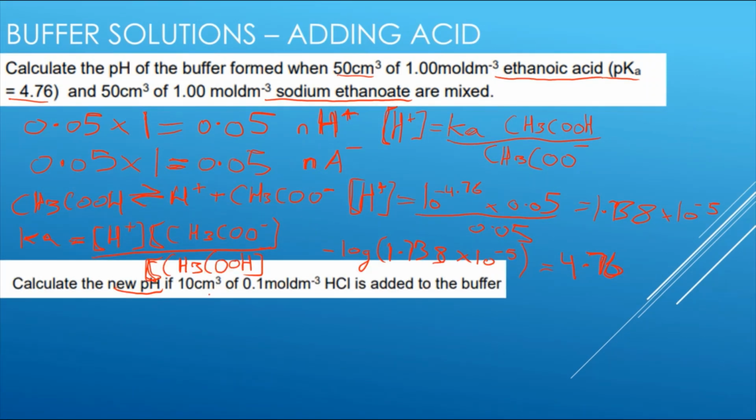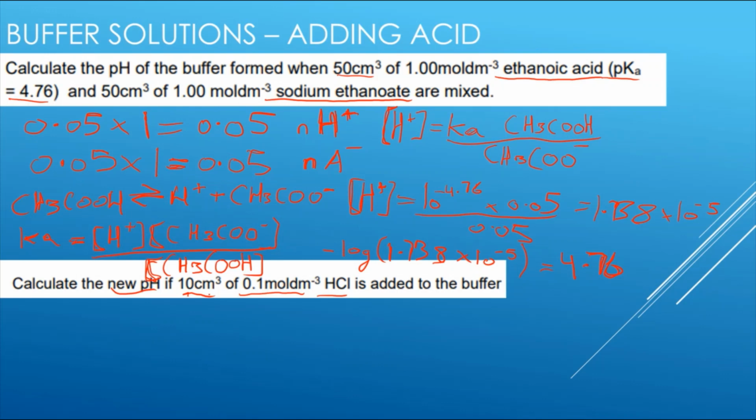After this, they can ask you to calculate the new pH after adding either an acid or an alkali. So in this case, we're just looking at acid. Now they've added 10 centimeters cubed of 0.1 moles per decimeter cubed of HCl, which we know is a strong acid.